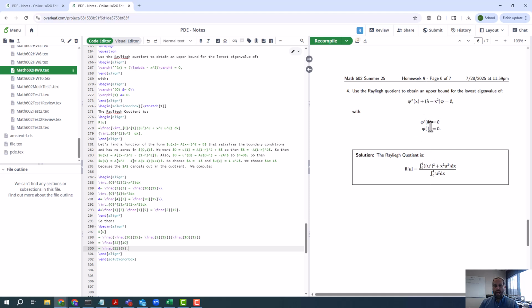Now, if you get rid of the x squared and you just solve the normal Sturm Liouville eigenvalue problem, you get that the eigenfunctions are going to be the cosine eigenfunctions, cosine of square root of lambda x. Square root of lambda is going to be equal to k pi plus pi over 2.